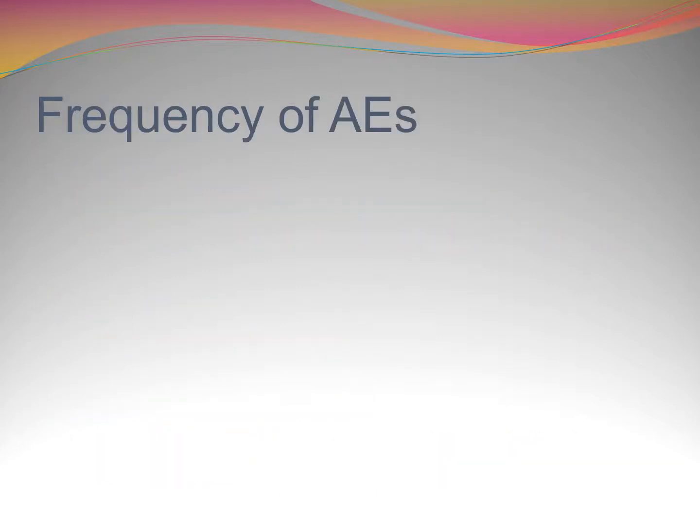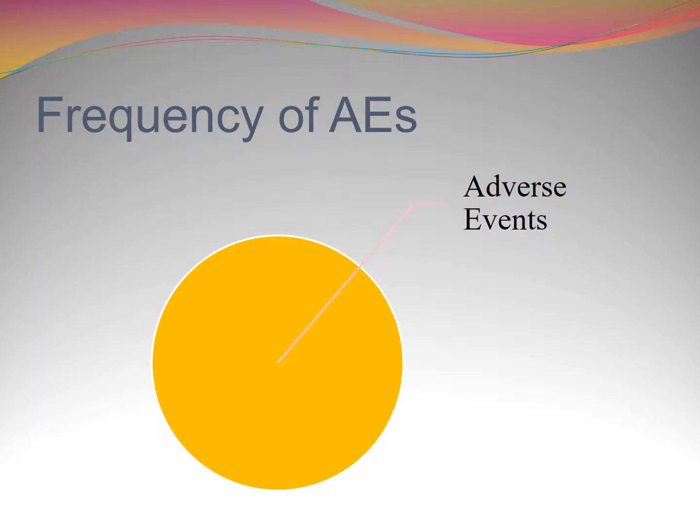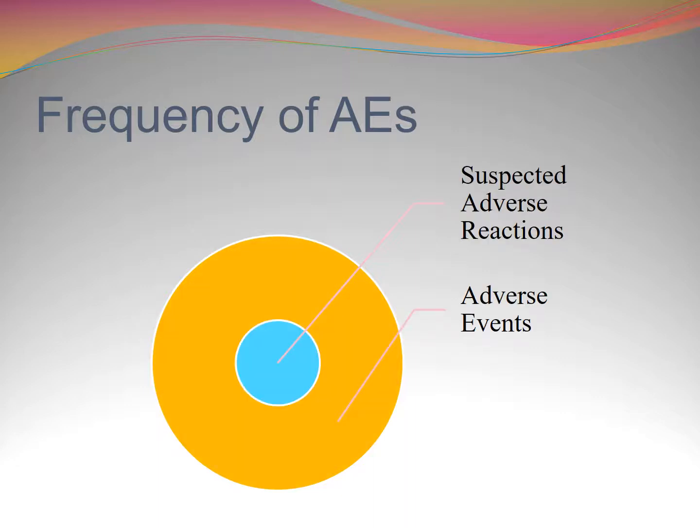So let me give you sort of a visualization, so this will help you make sense of the differences between them. Here we have the world of adverse events. It's anything bad, if you will, any medical occurrence, it's untoward, that happens while a person is on study. They've signed the consent, they're enrolled in the study, and something happens that's an adverse event. Different is a suspected adverse reaction.